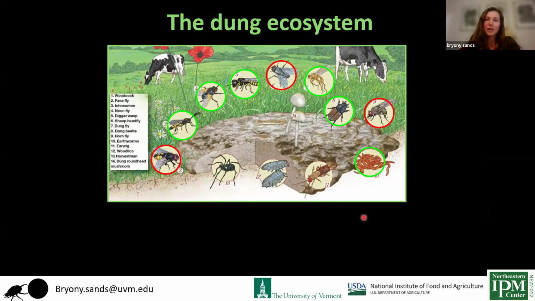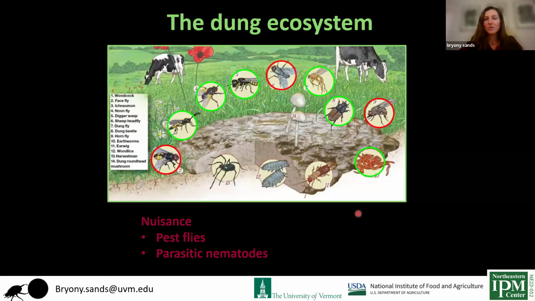Obviously those parasites that I've just gone through generally depend on the dung to complete their life cycle out on the pasture. So in the manure, we have pests and parasites transmitted, yes. But I also want you to be aware that there's a whole host of other beneficial organisms that we find in manure. So it's not all bad.